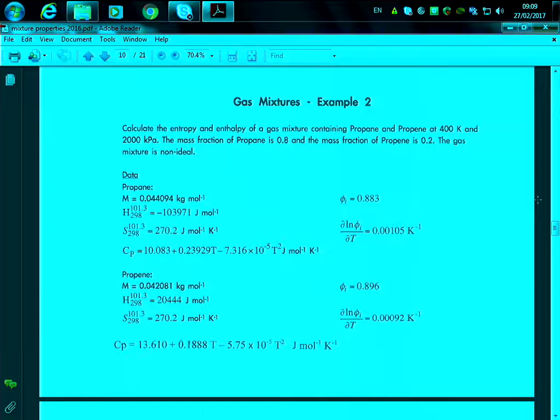The mass fraction of propane is 0.8 and the mass fraction of propene is 0.2. In example 1 the mixture was ideal, and this time the problem states that the mixture is non-ideal. When you are working in the field, nobody's going to tell you to treat this as an ideal or non-ideal mixture.